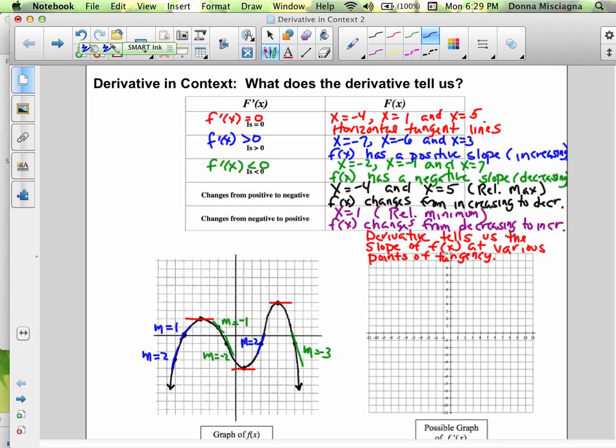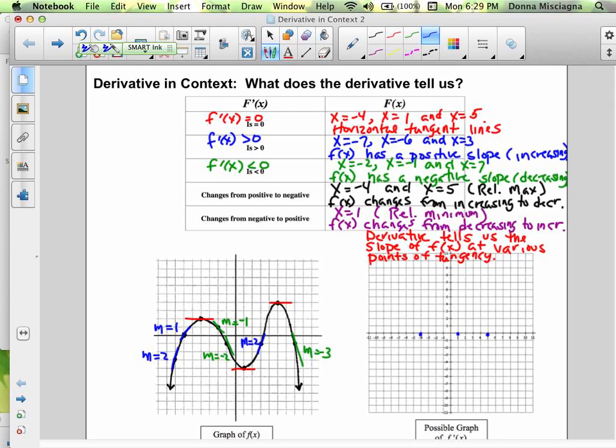All right? So remember, the graph of the derivative is just the graph of the slopes. Right? And let's start off with the easiest points. The easiest points of all are at negative 4 and at 1 and at, let's see, 1, 2, 3, 4, 5, because the slopes there are 0, right?